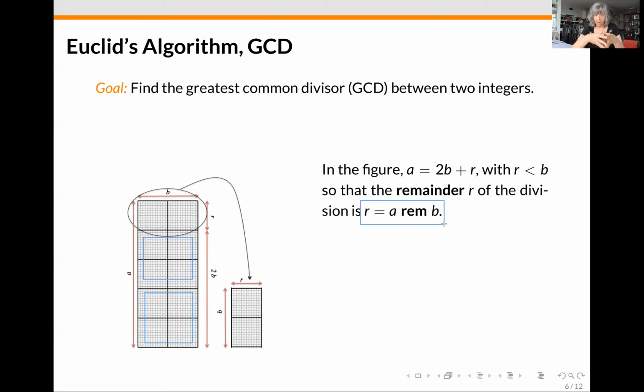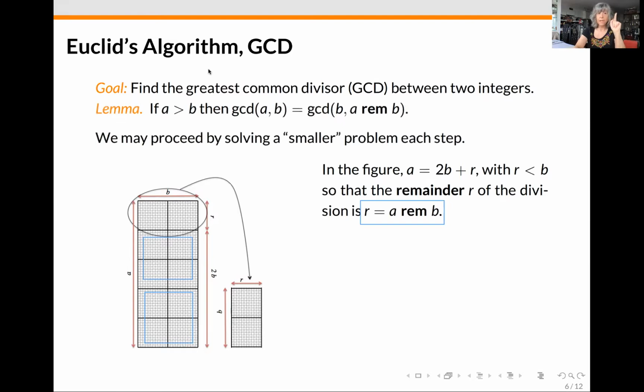R is the remainder. And it's very useful in this area to use mathematical results and theorems. The lemma says, if A is bigger than B, then the greatest common divisor between A and B is the same thing as the greatest common divisor between B, which is the smaller dimension, and the remainder of A divided by B, which is R, which I have illustrated here by this arrow.